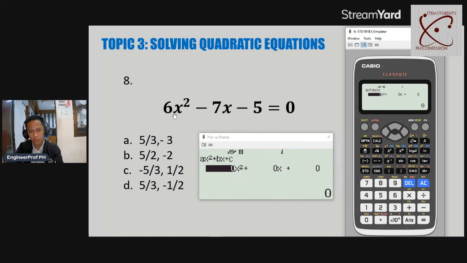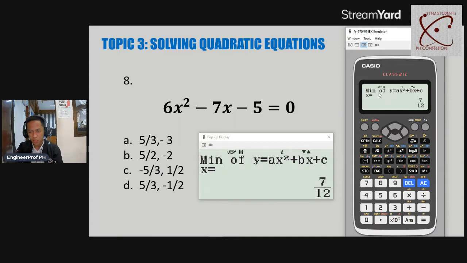For x squared, a is 6, the coefficient of x squared is 6. For x, that is negative 7. Then for the constant, that is negative 5. Okay, there is x1, 5/3, and our x2 is negative 1.